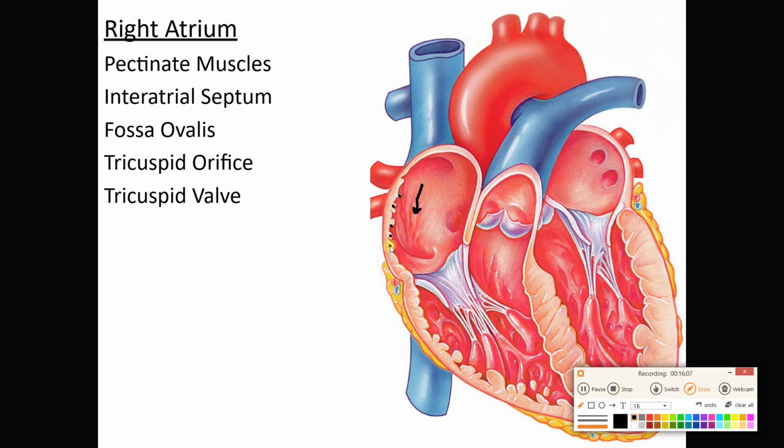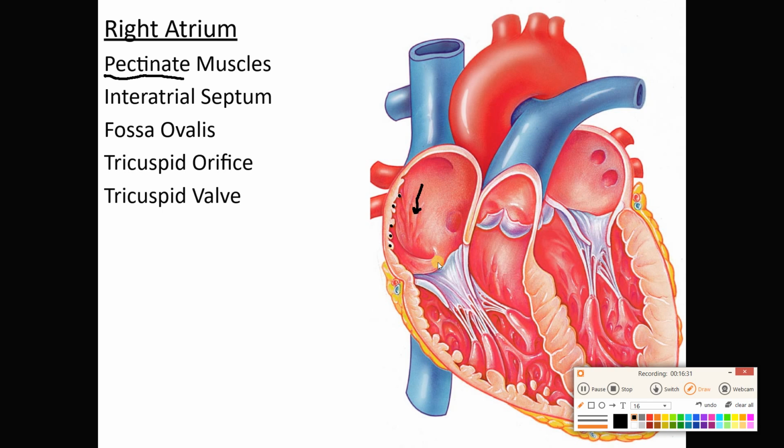Those are all little wrinkles of muscle on the inside, and they are called pectinate muscles. Pectinate means it has been combed. Think about if you took a rake in some sand and you raked the sand, you would leave all these little lines and ridges. That's the idea here. So those are my pectinate muscles.